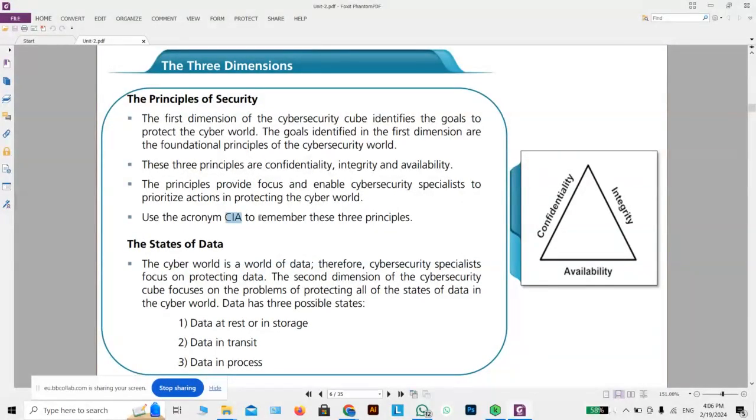What are those parts? Confidentiality, integrity, and availability. So we can also call it a CIA triad. We can also call it a framework. It's not just about principles, it's all about a framework. It's also a kind of checklist.